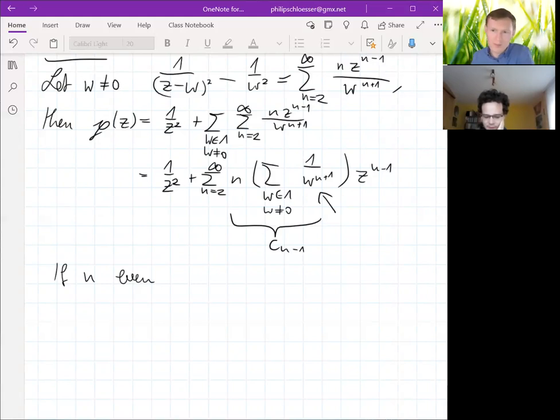So that is 0, meaning for n even, C n minus 1 is 0.